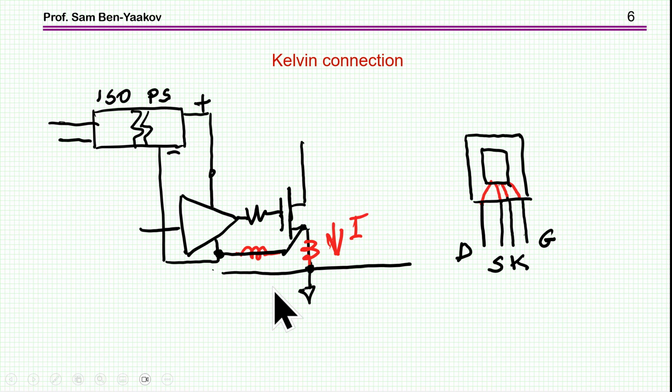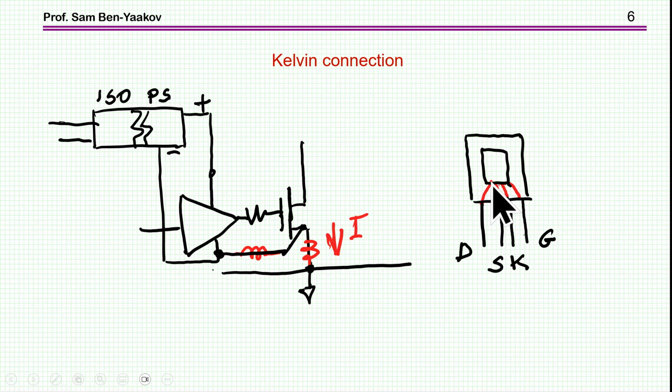So the Kelvin connection comes to the rescue, and the idea is the following. There is an internal connection between this Kelvin terminal to the chip itself, not to the wire of the source, but rather to the die itself.